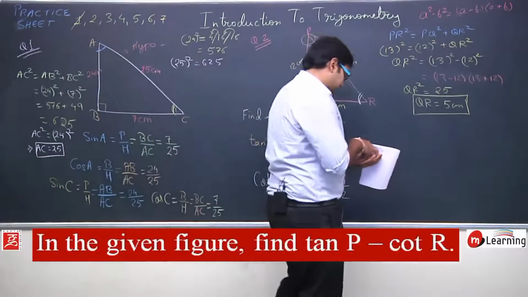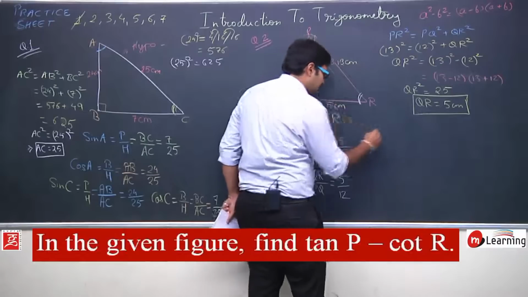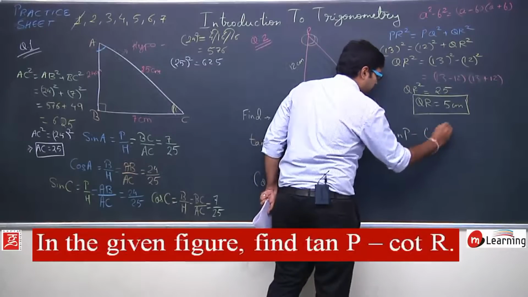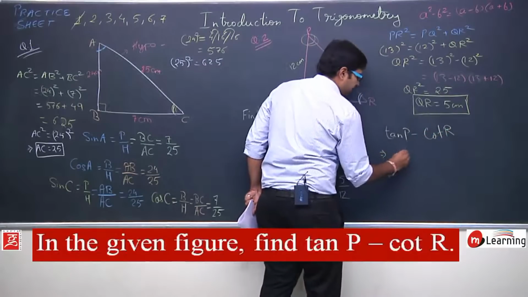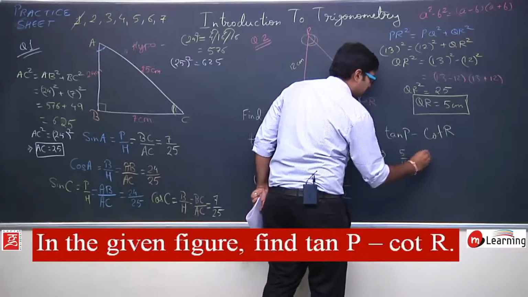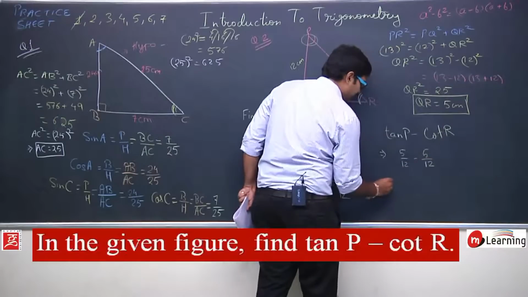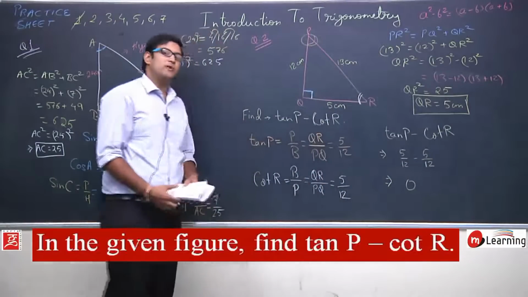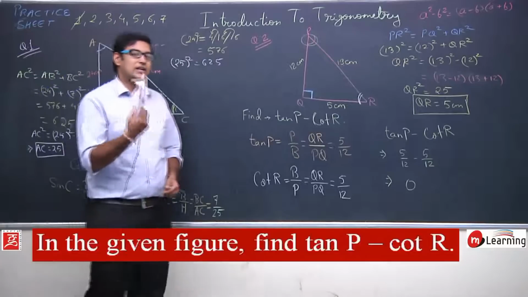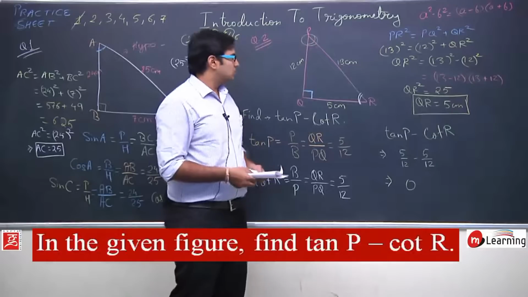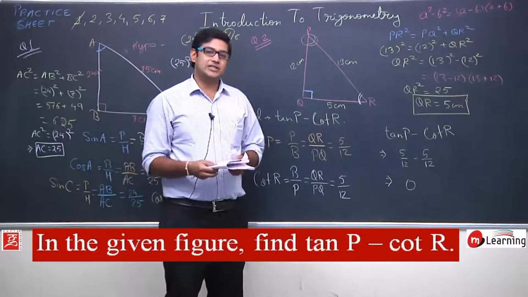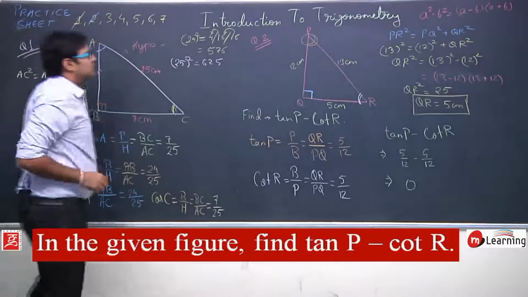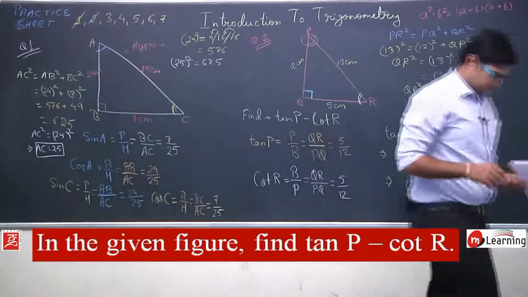So what I can write is tan of P minus cot of R is 5 by 12 minus 5 by 12, which is 0. Okay, the value of tan of P minus cot of R is definitely 0. So this is how you need to solve the second question. So first you note this, then we will continue with the third one.